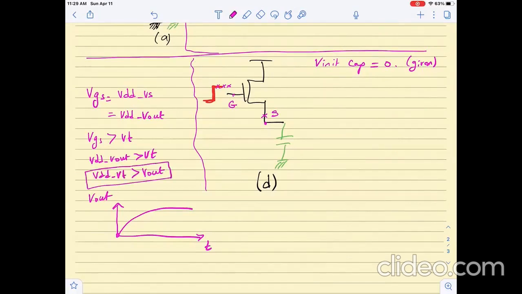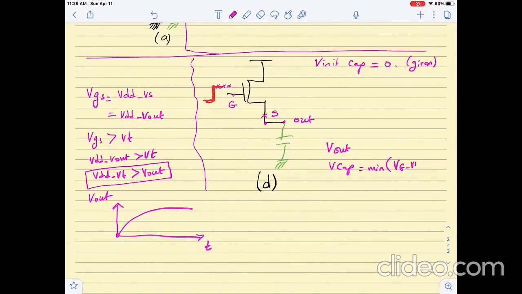And this is where last time we said that if this is the output node, V out or V cap will reach the minimum of Vg minus Vt and VDD.